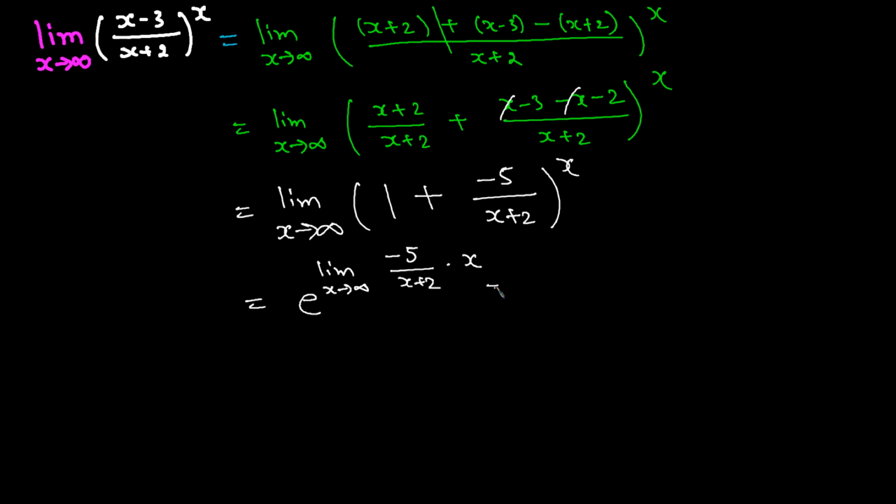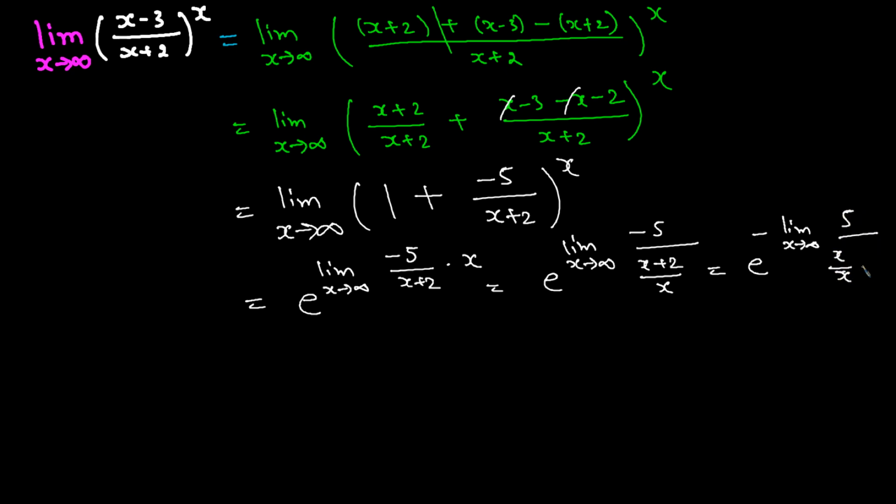What I'm going to do is bring this x into the denominator, so it looks like negative 5 over (x plus 2) over x. That can be rewritten as negative the limit as x approaches infinity of 5 over 1 plus 2 over x.